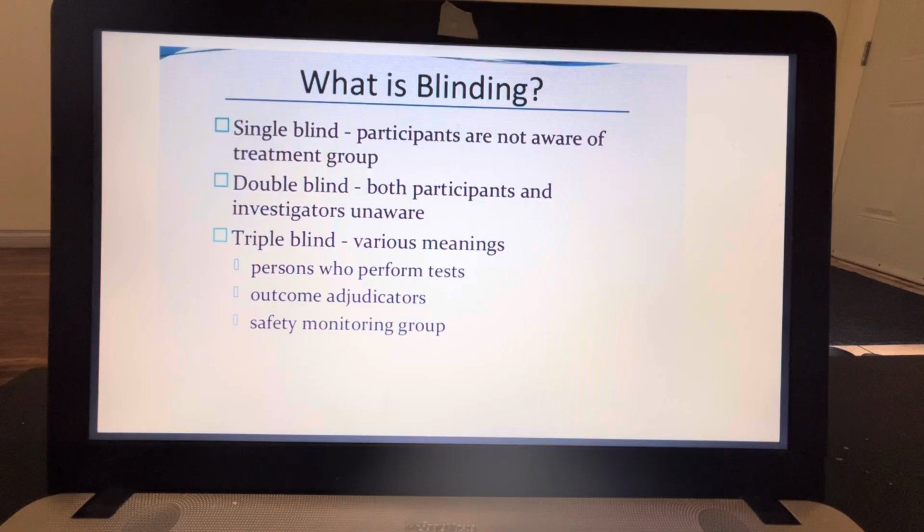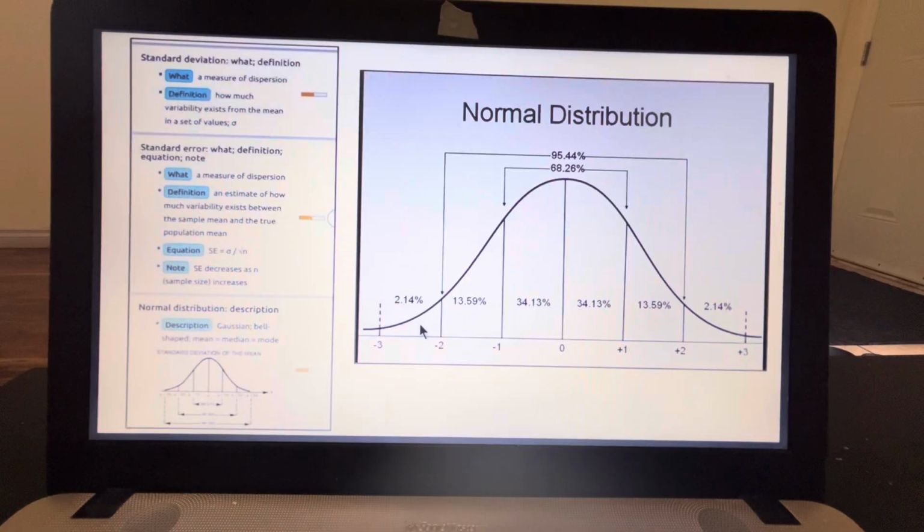And this is blinding. What is single blind? Participants are not aware of the treatment group. Double blind, both participants and investigators are unaware. Whereas in triple blind, the person who performs the test, outcome assessors, and the safety monitoring group are unaware.